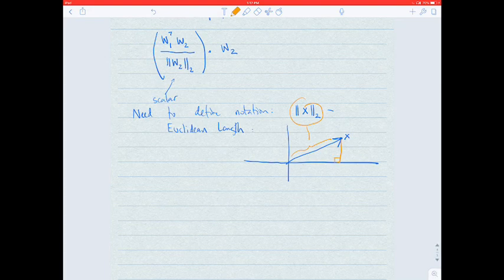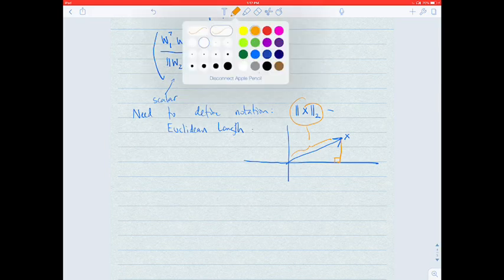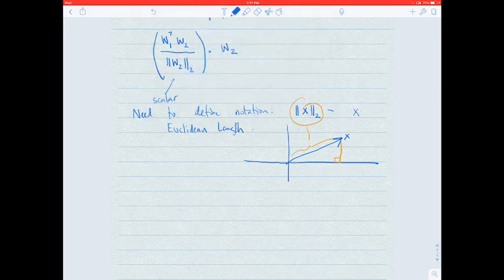Let me write out the coordinates of x: if x is equal to the vector (x1, x2), then that exactly means that this length is x1, this length is x2, and therefore its Euclidean length is equal to the square root of x1 squared plus x2 squared. This is just the Pythagorean theorem.